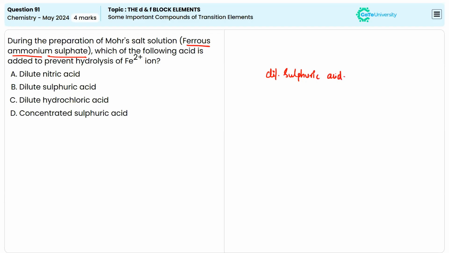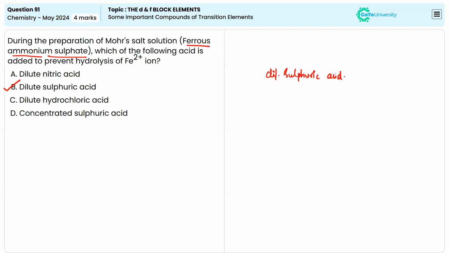Concentrated sulfuric acid cannot be used because the reaction will be interfered with. Similarly, hydrochloric acid, nitric acid or any other acids will not give the proper result. So the reagent should be dilute sulfuric acid. Option B is the correct answer.